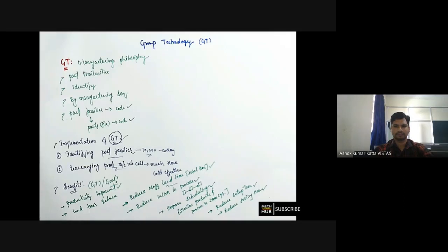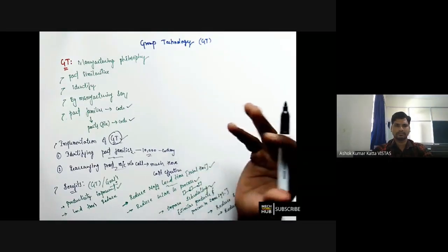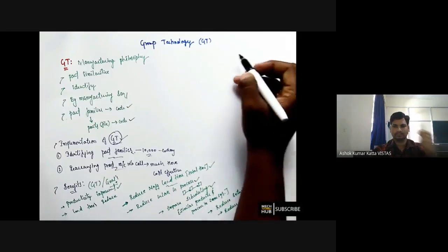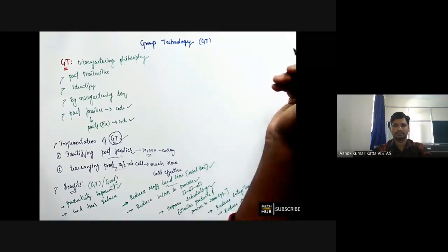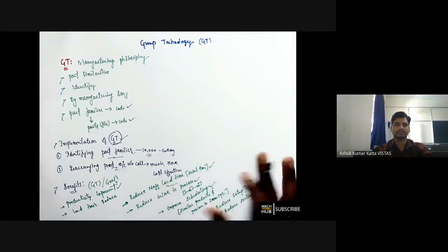Other than this, how to implement group technology in the firm? What are all the changes that we could see in a manufacturing industry with the implementation of group technology? With the implementation of group technology, the complete layout of the shop floor will change. We'll focus on two different shop floor layouts.